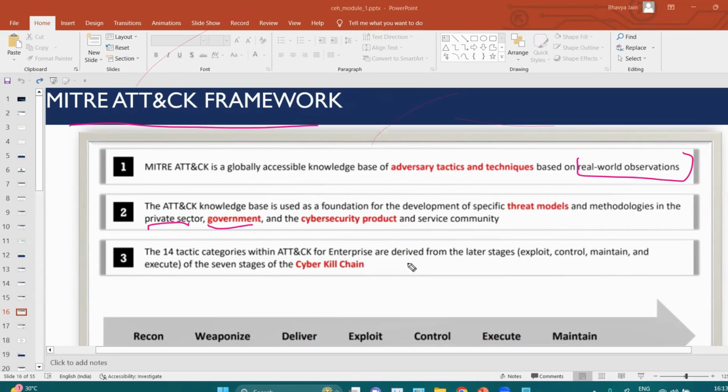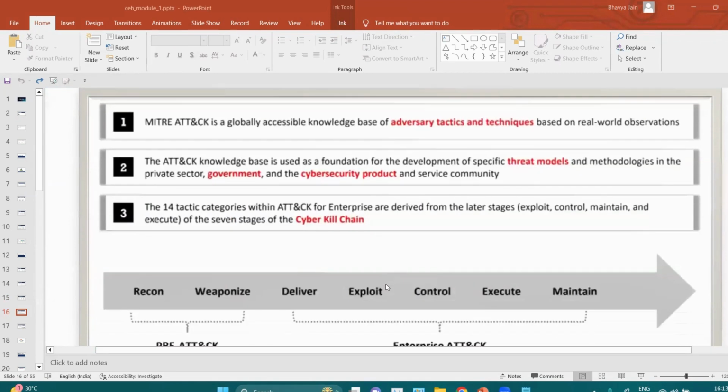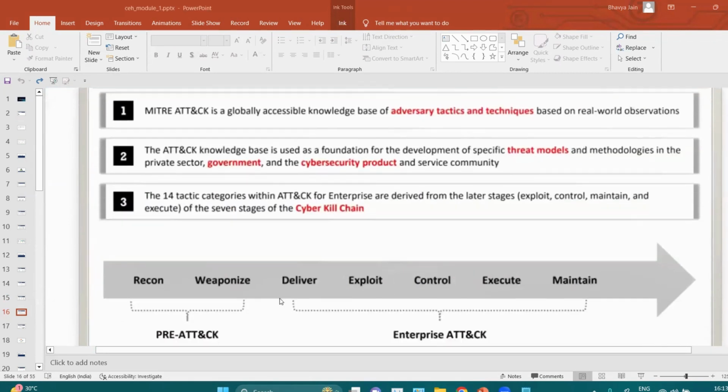So it is similar to the cyber kill chain methodology. In this, first, same as before, we have reconnaissance, then weaponization, delivery, exploitation, command and control, execution, and then maintaining the access.